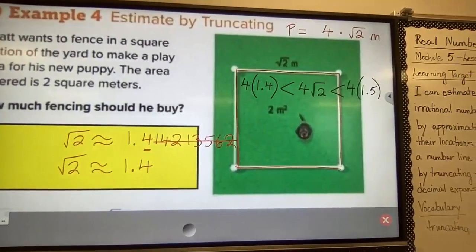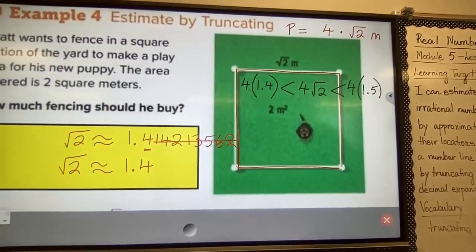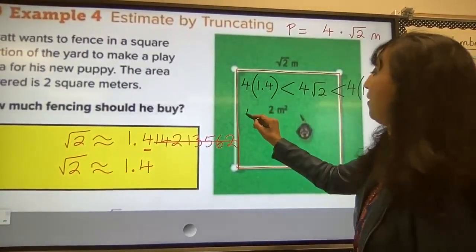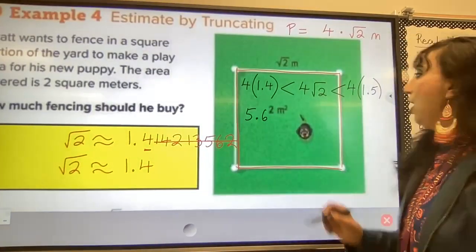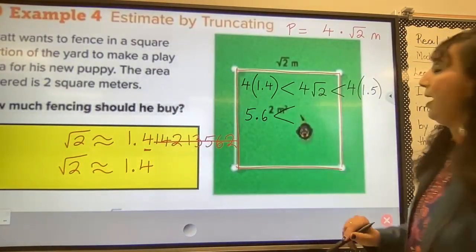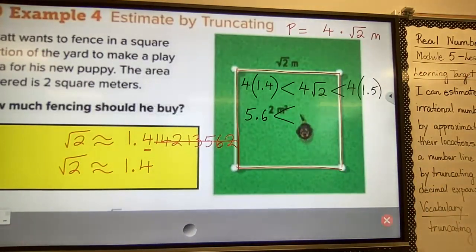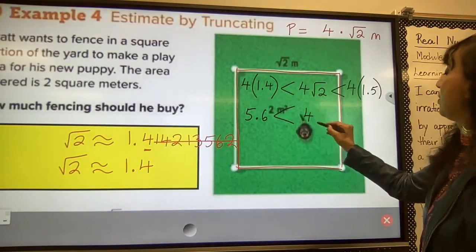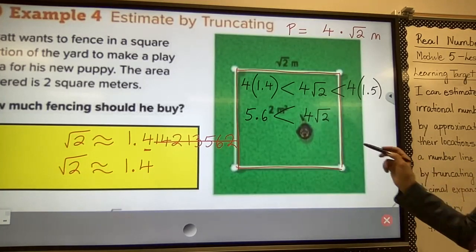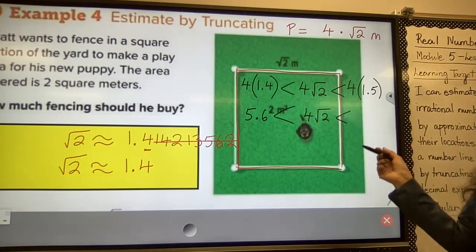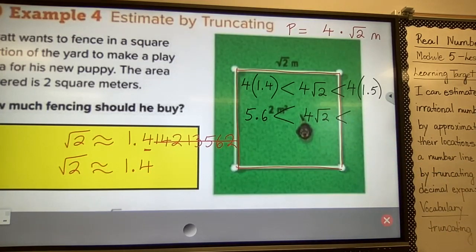Okay, so what is 4 times 1 and 4/10? I am going to get 5 and 6/10, all right, which is going to be less than 4 square root 2. All right, which is going to be less than, what is 4 times 1 and 5/10?